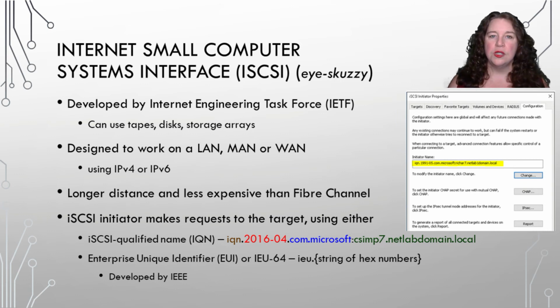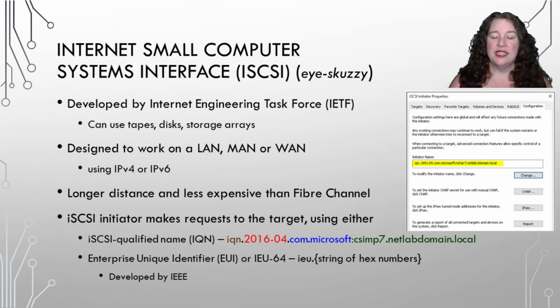So we can use the Internet Small Computer Systems Interface to be able to combine different drives and networks together. The initiator, or the iSCSI initiator, makes a request to the target using either its iSCSI qualified name or its enterprise unique identifier.